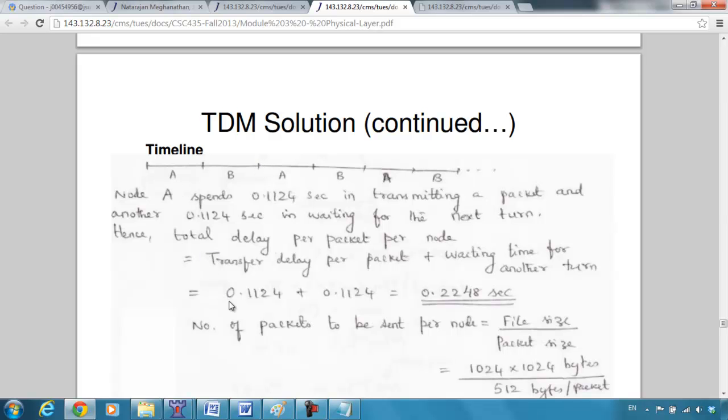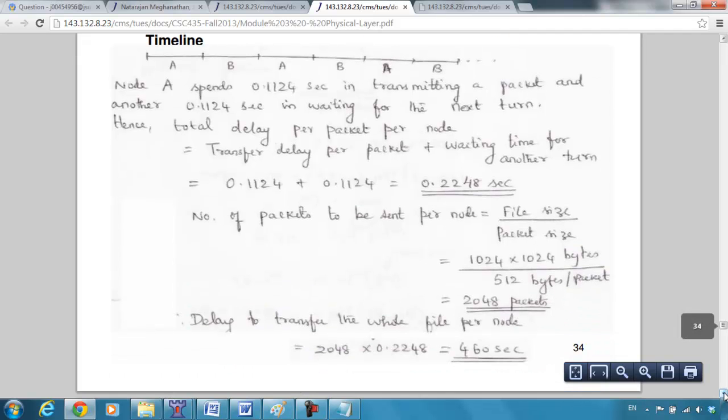So it is 0.1124 for A including a switch to B and then another 0.1124 for B to send including a switch to A. So the total time that an epoch runs is the sum of these two, which is 0.2248.